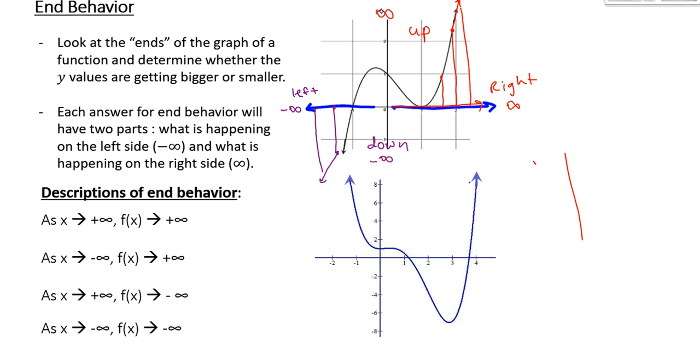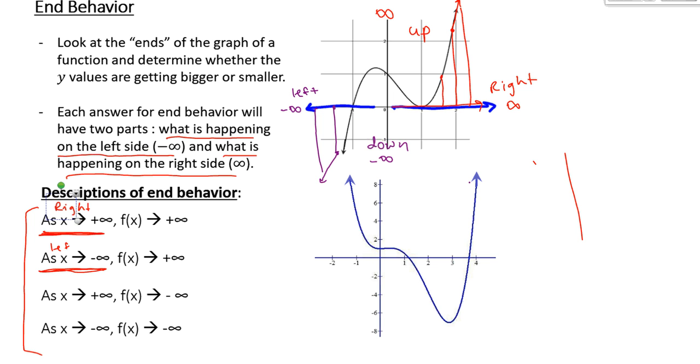So the statements, the descriptions look like this. You're going to have part of the statement that's talking about the x's, right? What is happening on the left side going to negative infinity? Sorry, that's this one. And then you'll have another one that's talking about what's happening on the right side. So this right here is the right side.